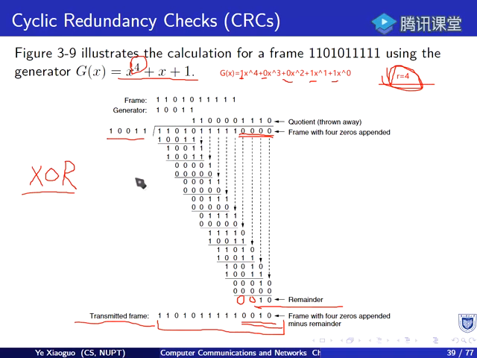So 0, 1, different, we get 1. 1, 1, same, we get 0. 0, 0, same, we get 0. 1, 0, different, get 1. Then this 1, 1 is same, get 0. So we will not write 0 here.